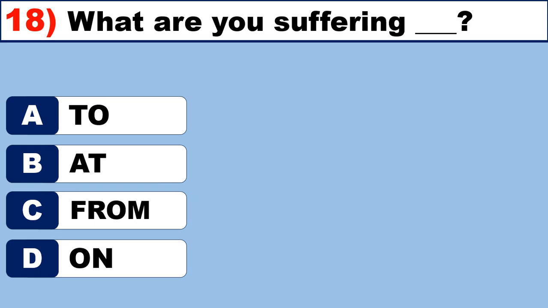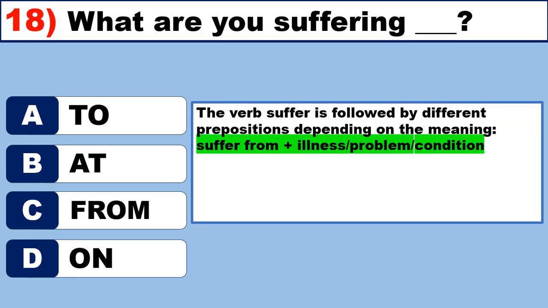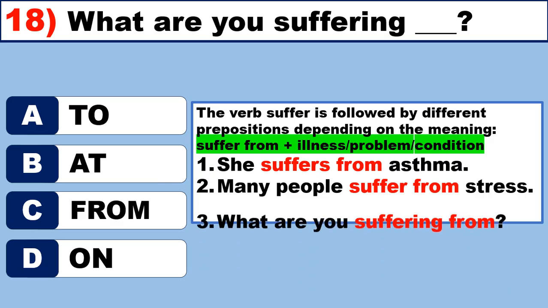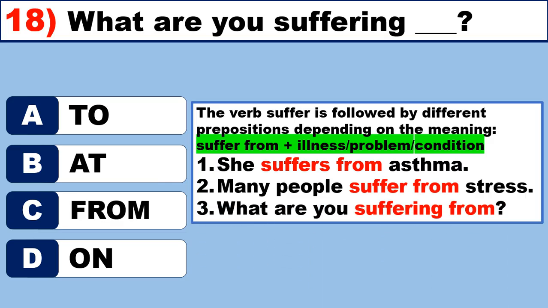But when it is a disease, when you have a problem, you suffer from. Disease, to suffer from. Okay? So the verb suffer is followed by different prepositions depending on the meaning. Suffer from illness, problem, condition. She suffers from asthma. Many people suffer from stress. What are you suffering from? So here the right answer is to suffer from.